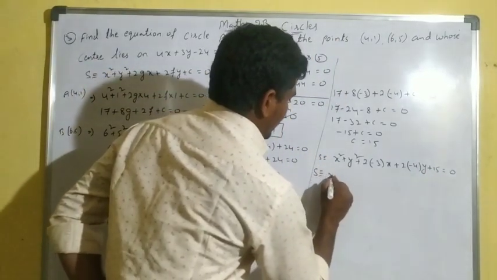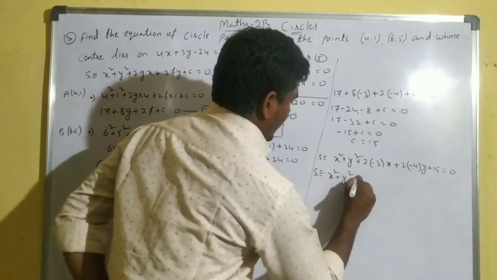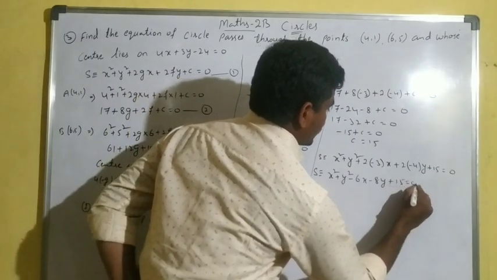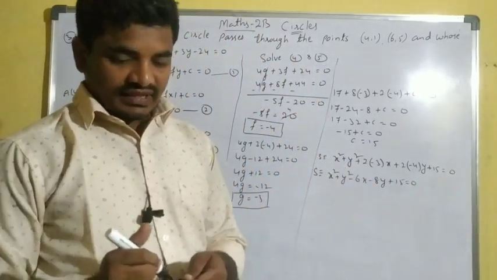S equals x square plus y square minus 6x minus 8y plus 15 equals 0. This is the required circle equation.